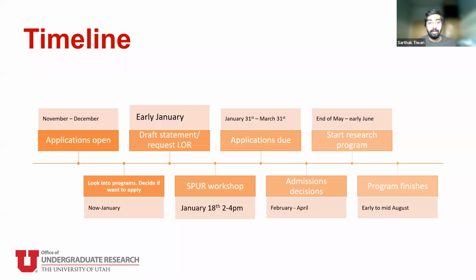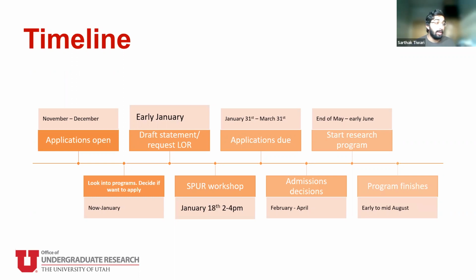That gives the letter writers a month and a half, and there's also fall break in the middle, so they may not actually work on it during that whole time. So if you think you're going to pursue at least one program, ask those letter writers now, and we'll get more into that a little later on.